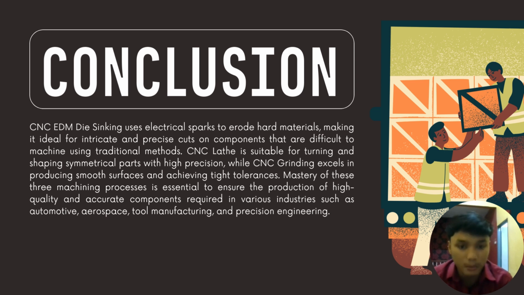CNC lathe is suitable for turning and shaping symmetrical parts with high precision, while CNC grinding excels in producing smooth surfaces and achieving tight tolerance. Mastery of the three machining processes is essential to ensure the production of high quality and accurate components required in various industries such as automotive, aerospace, tool manufacturing, and precision engineering.